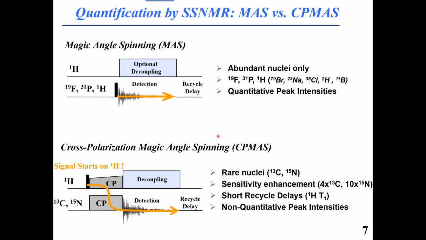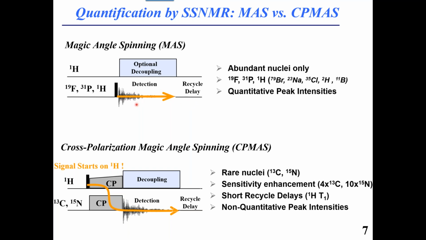All right, this slide is quite important for understanding the future story, so let me go relatively carefully through it. Quantification by magic angle spinning versus cross-polarization magic angle spinning. Magic angle spinning is very simple. As I showed on previous slides, you orient your rotor at the magic angle and spin it as fast as possible.